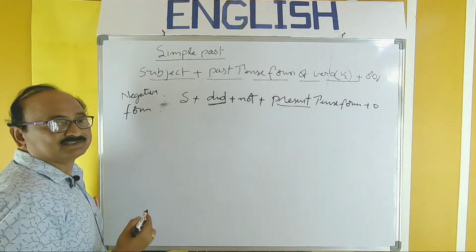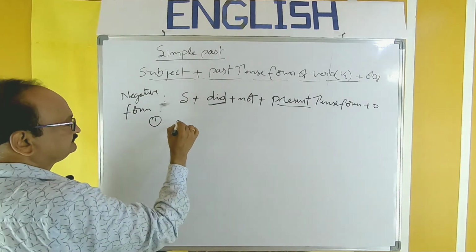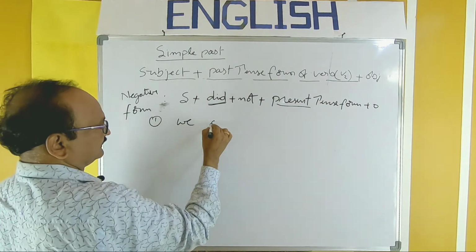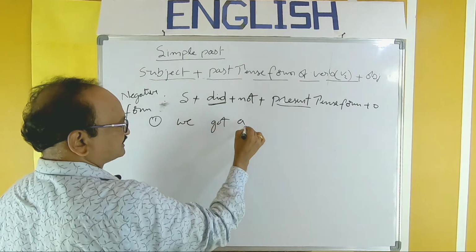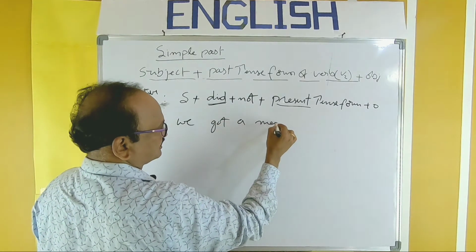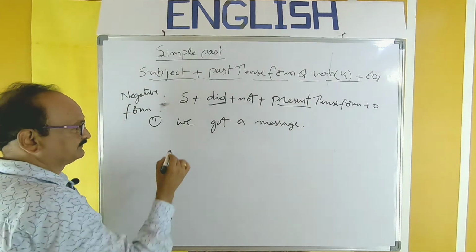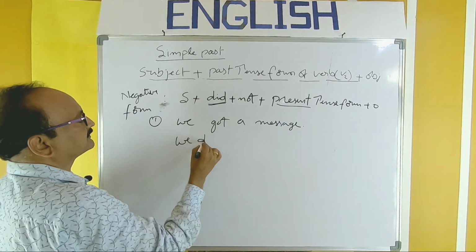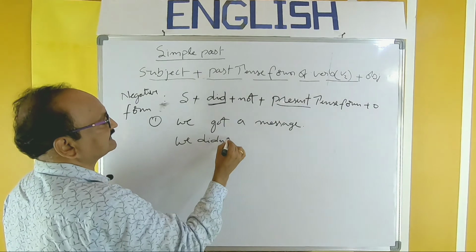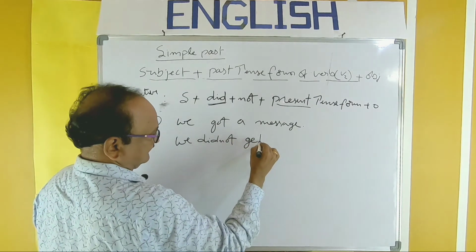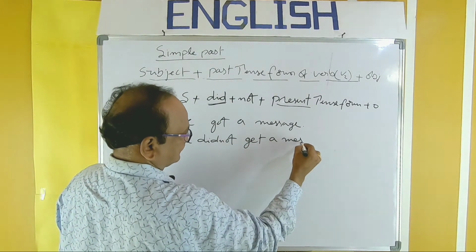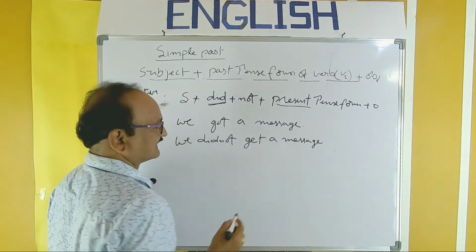So take an example. We got a message. That is affirmative. We did not get a message. That is negative.